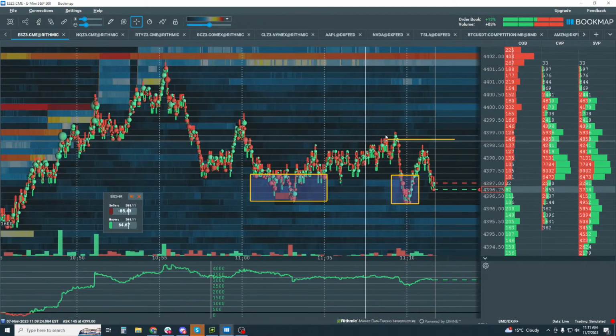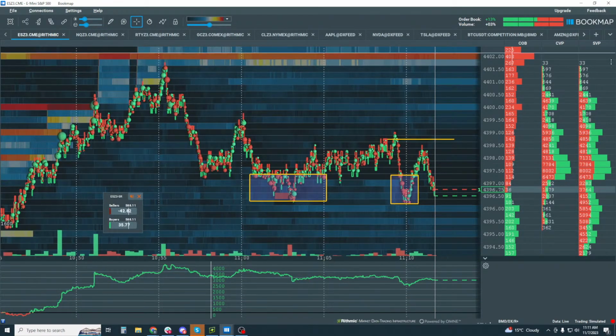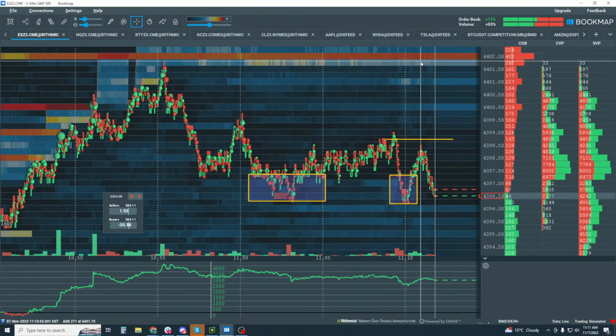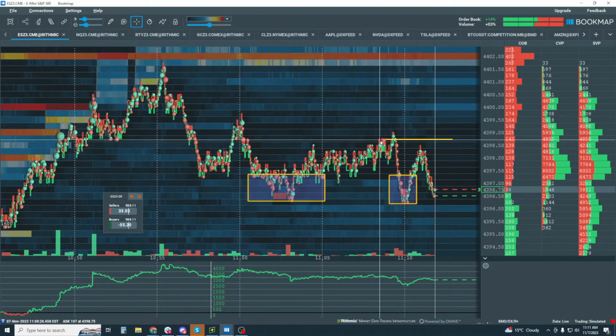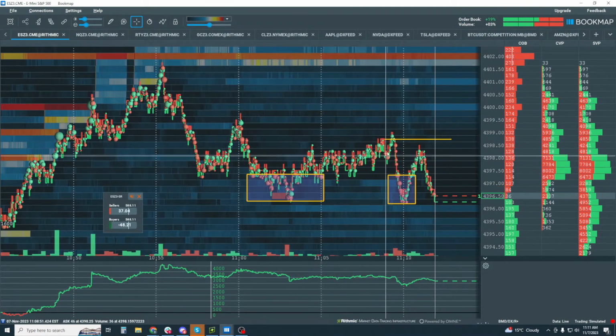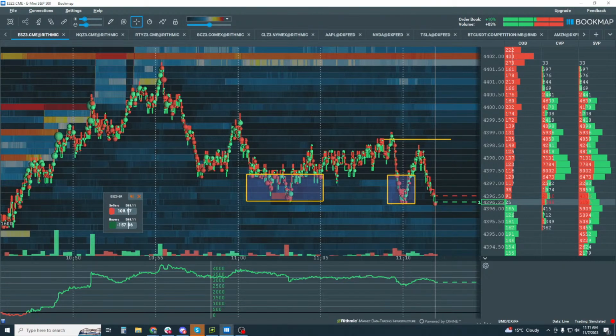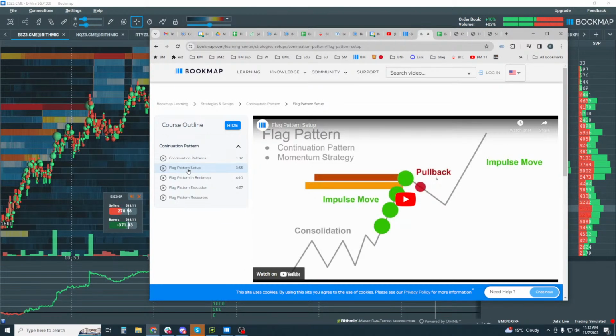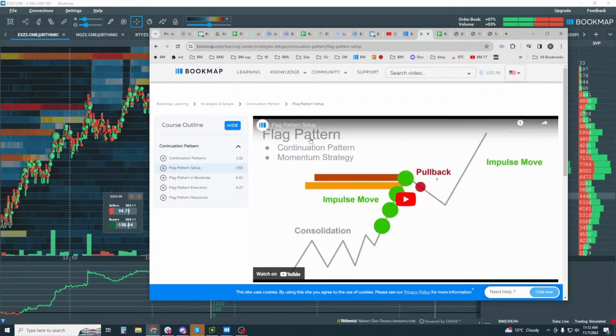One of the things I wanted to cover about this move, what I wanted to mention here, is why I covered this pattern first, with this flag continuation pattern. And this is really important.